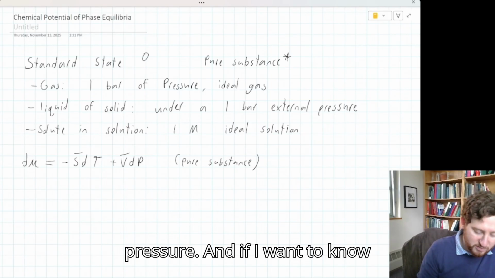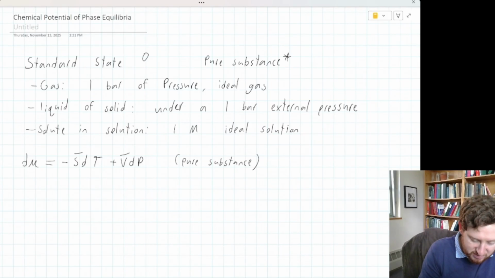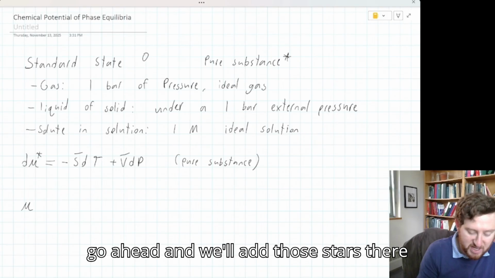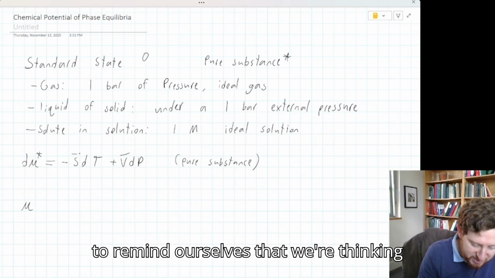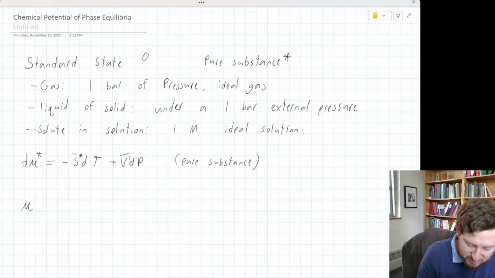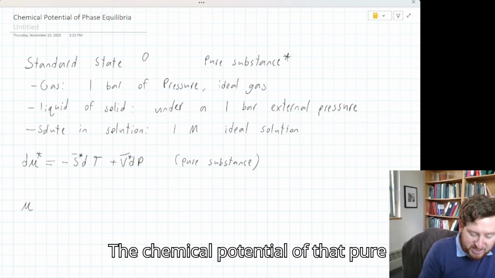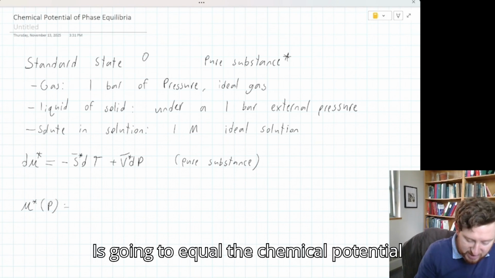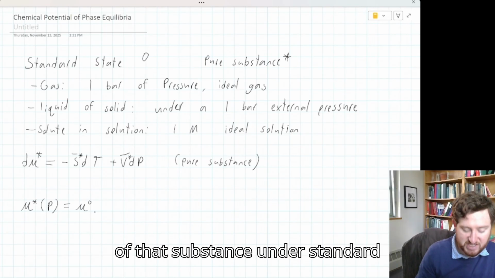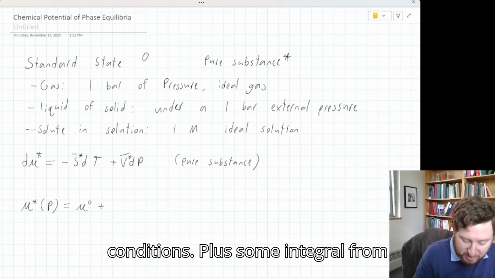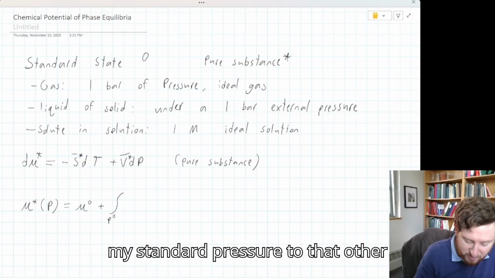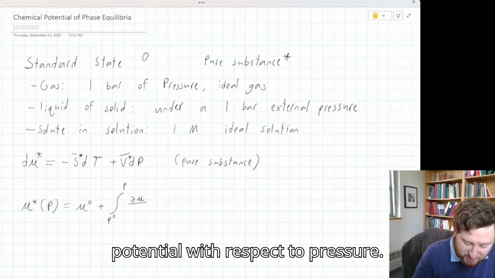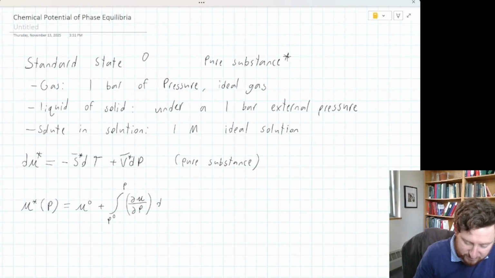And if I want to know what the chemical potential is of a pure substance, we'll add those stars there to remind ourselves that we're thinking about pure substances. The chemical potential of that pure substance at some new pressure P is going to equal the chemical potential of that substance under standard conditions plus an integral from my standard pressure to that other pressure of the derivative of chemical potential with respect to pressure times dP.